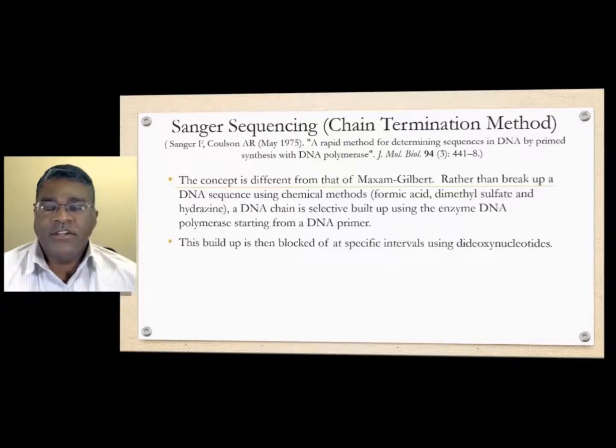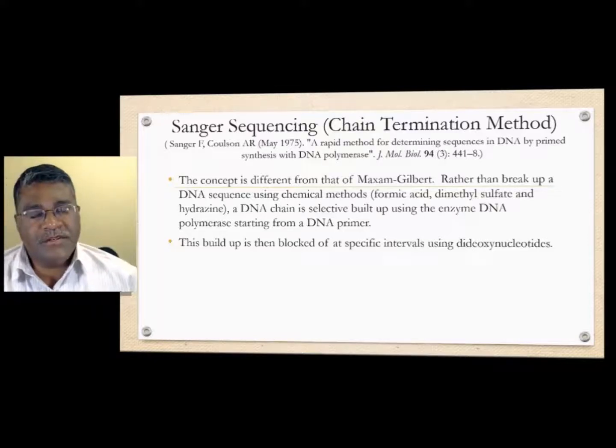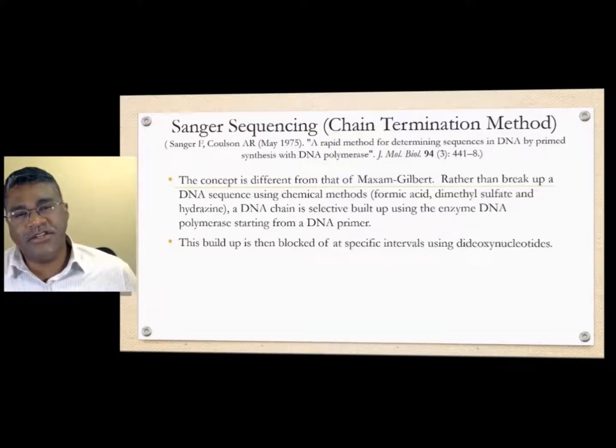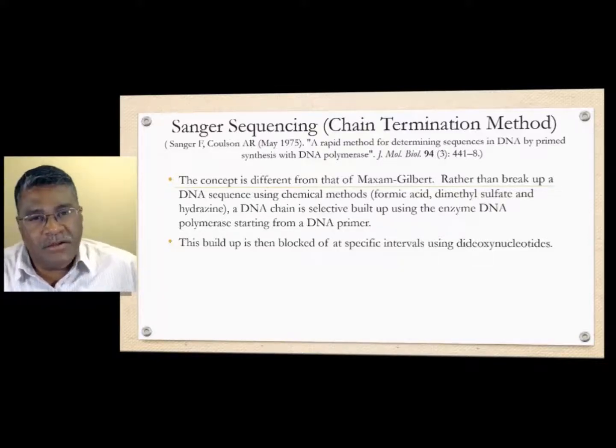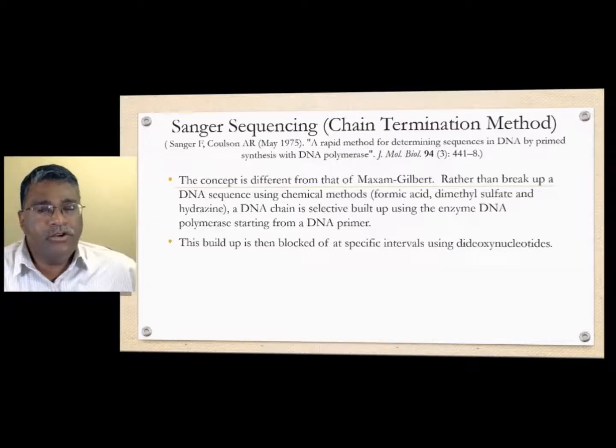But you still have to build fragments, because the idea of putting together this linear jigsaw puzzle that we saw in the Maxam-Gilbert reaction is about the same as in the Sanger sequencing, except you're building fragments. You still want to create those fragments, but rather than take your starting DNA sample and fragmenting it, you're building these DNA fragments.